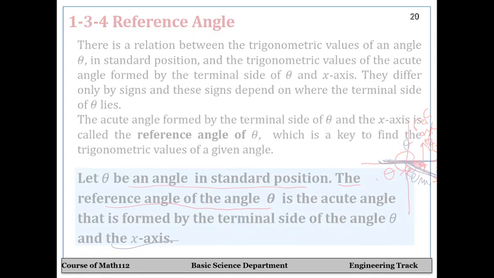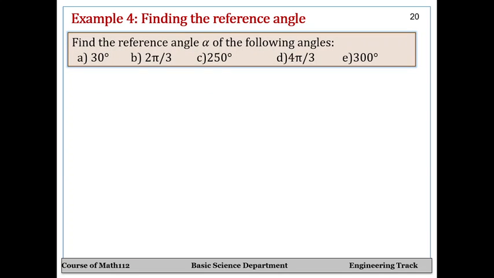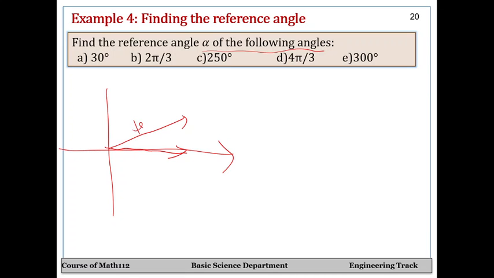Now let's find the reference angle of the following angles here. 30 degrees. Okay, 30 degrees has the initial side and the terminal side. Now what is the reference angle?